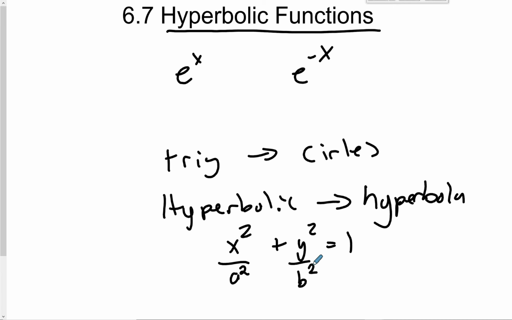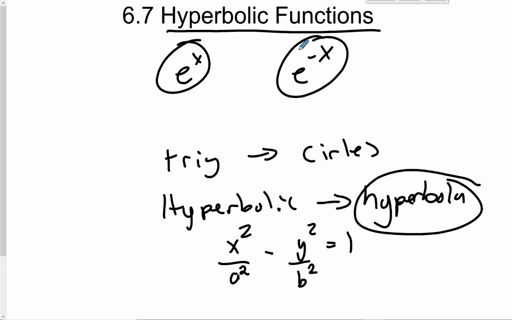It would look a bit like an ellipse, except we have subtraction here, and that's what makes a hyperbola. So the relationship between these e to the x functions is called the hyperbolic function, and it relates to the hyperbola.